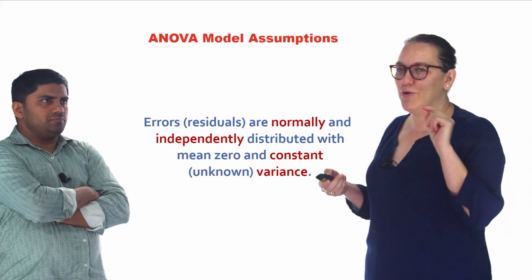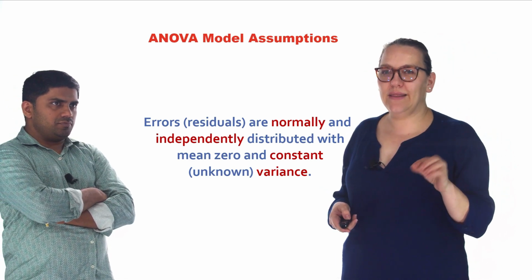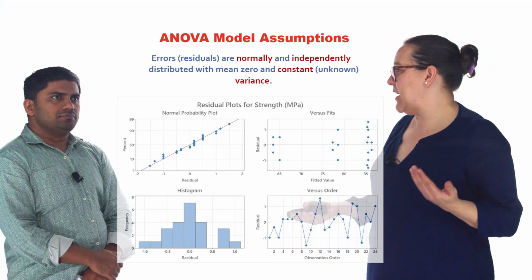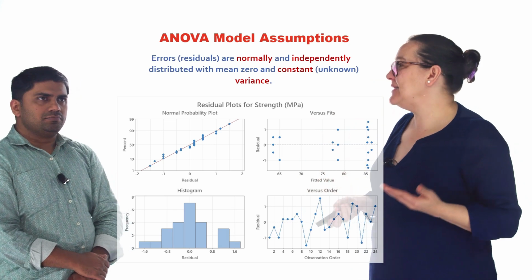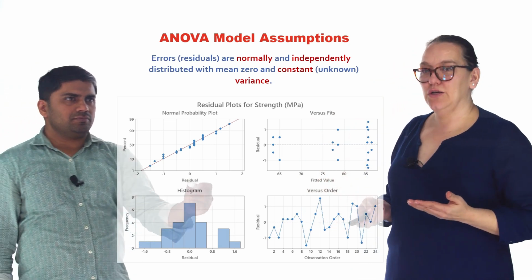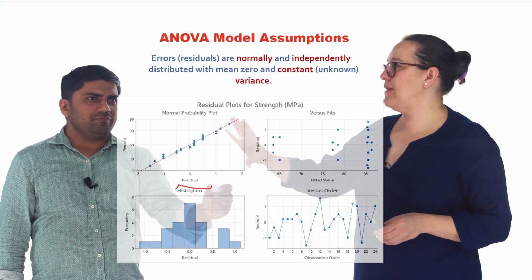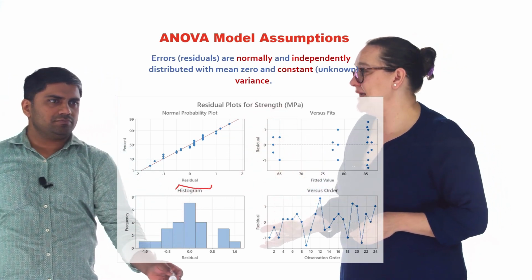If you remember, when we were doing the test, I told you to select the 4-in-1. So this is how it looks, the 4-in-1 plot. You can see four plots in one, and these are for the residuals. Two of them will help you test the normality.